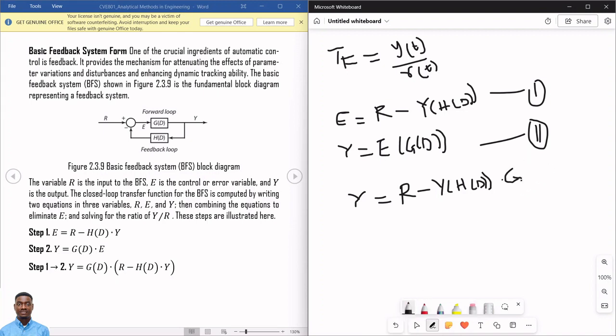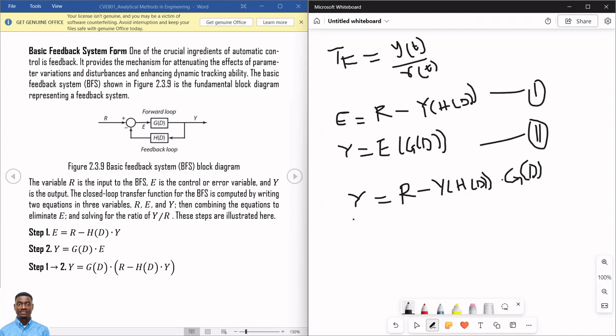Dot G into D in brackets. Because what has happened here is that this Y equals E G D into brackets. We already know that this is E. So we brought all of this as E, which is this dot this.